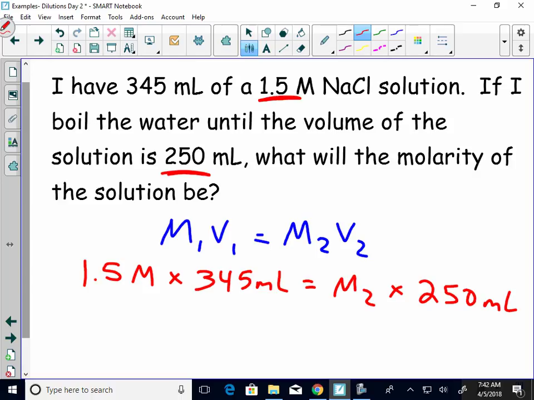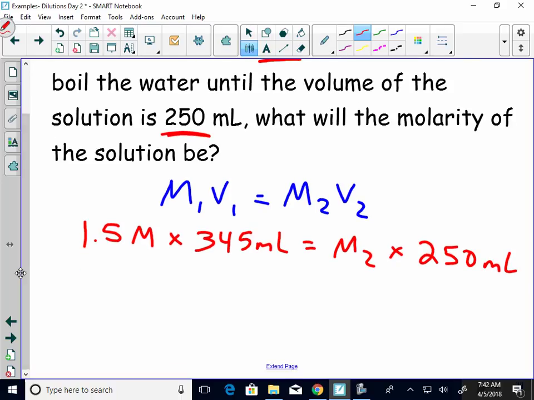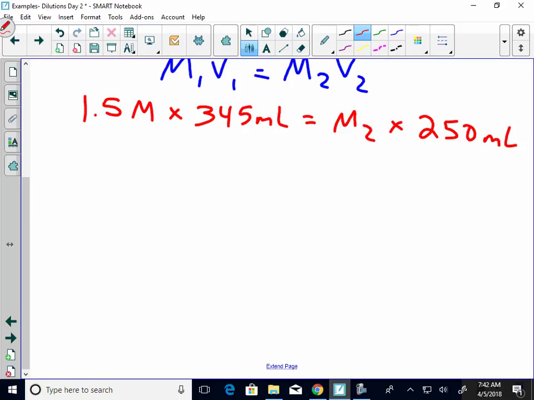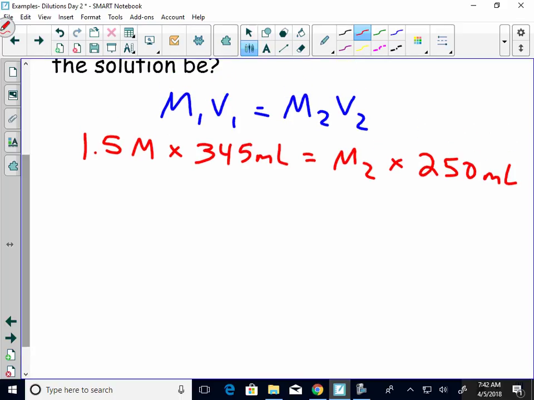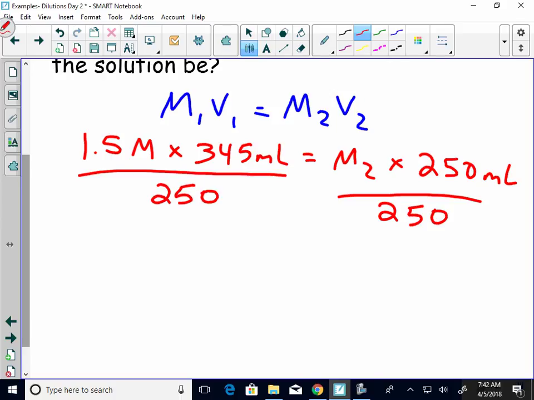You should have got that easy. So, as I'm looking at this, M1V1 equals M2V2. I need to solve for M2, so I'm going to divide both sides by 250. So M2 is going to be equal to 1.5 multiplied by 345. Divide that value by 250, and I should have a molarity that is greater than 1.5.